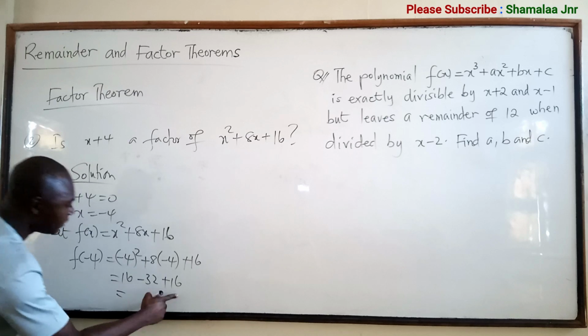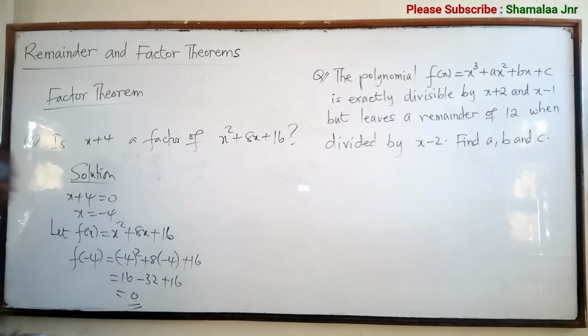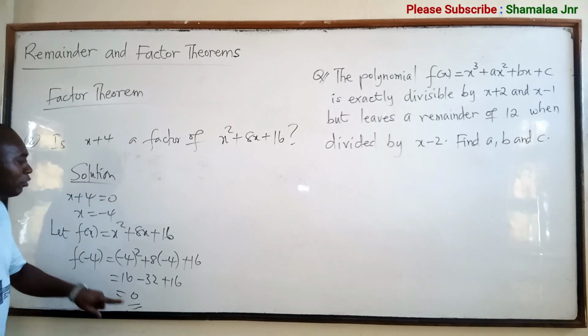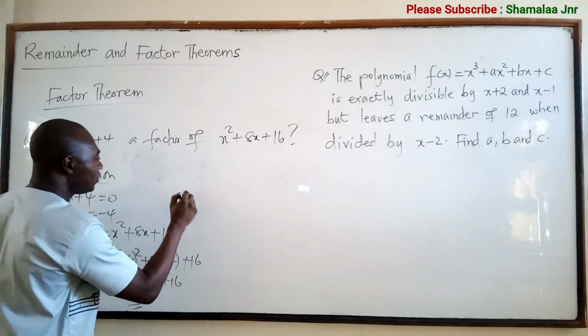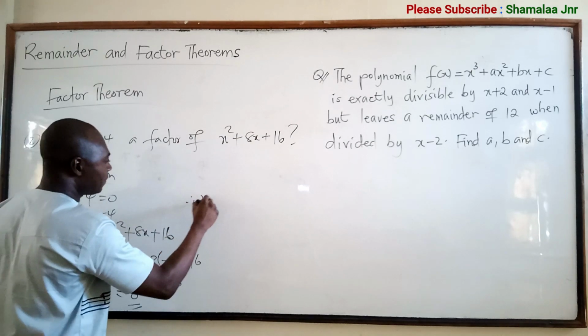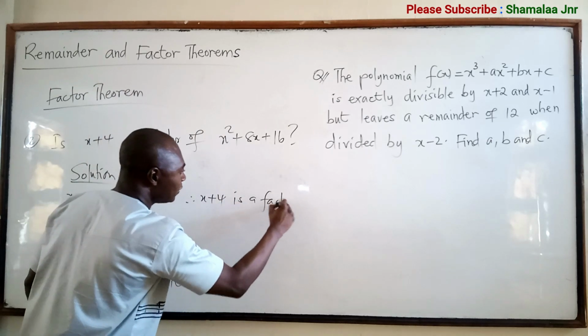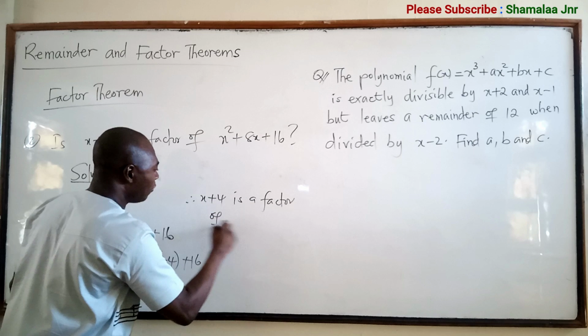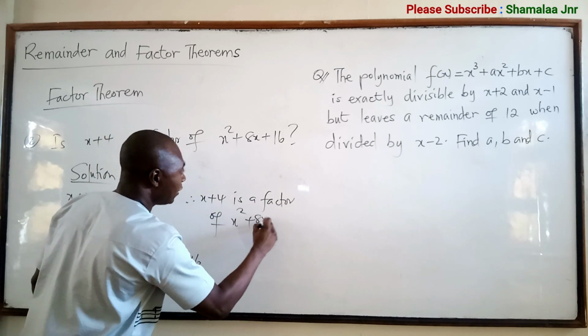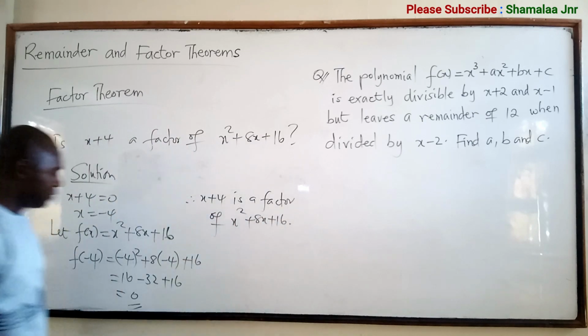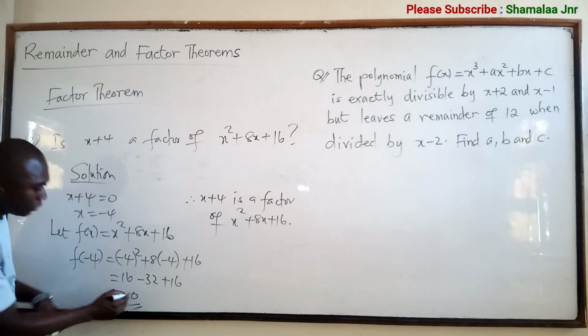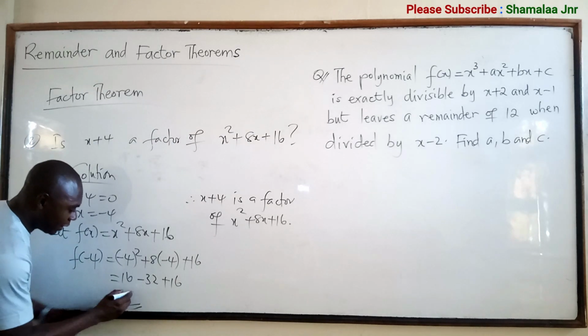Now 16 plus 16 is 32, minus 32 is 0. So because f of negative 4 is equal to 0, therefore x plus 4 is a factor. So we can confidently say that this one is a factor of x squared plus 8x plus 16. Yes, because when you put in negative 4, you are able to get 0. So it's a factor of it.